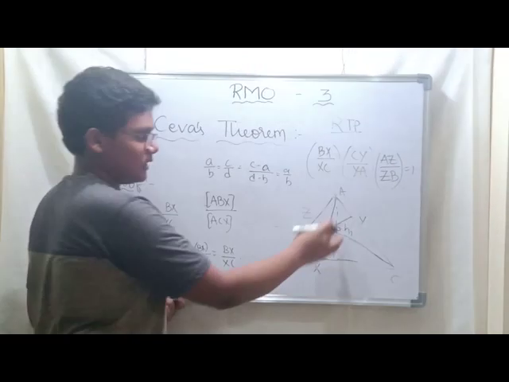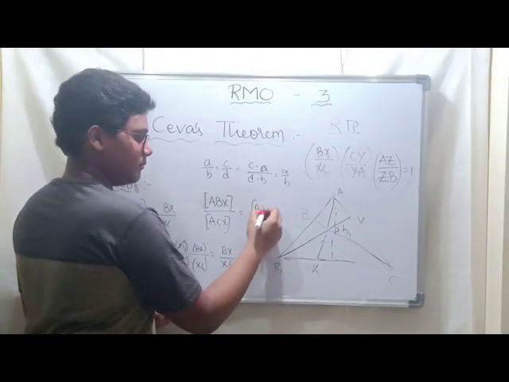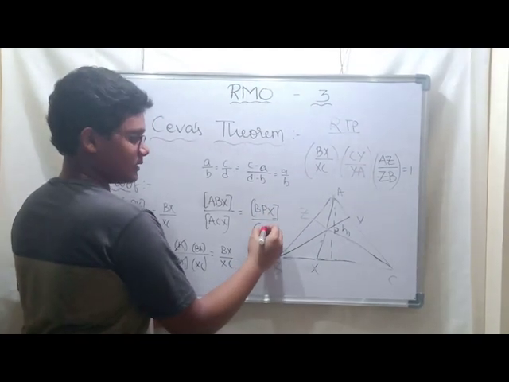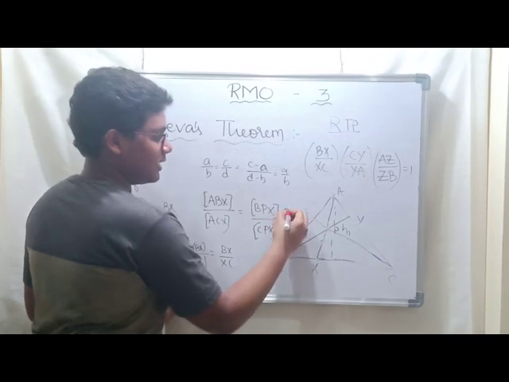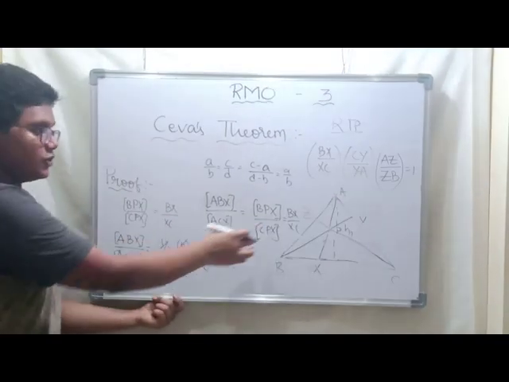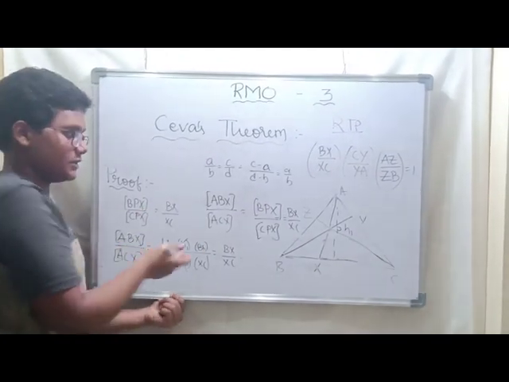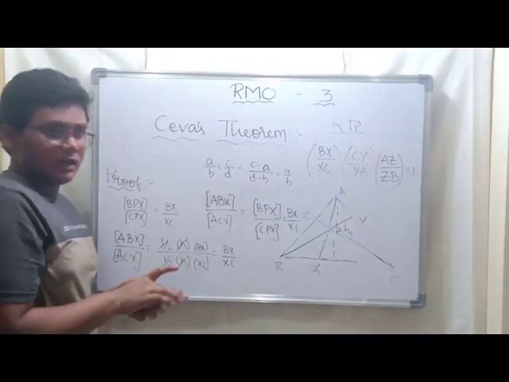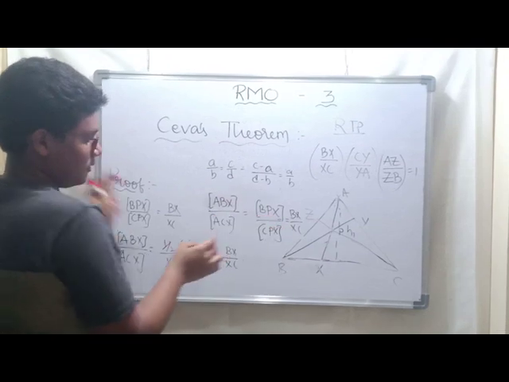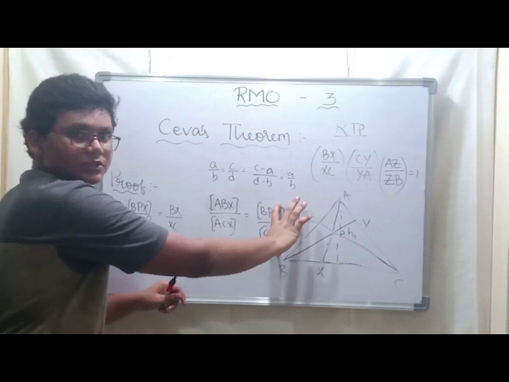Area of triangle BPX minus area of triangle CPX is equal to BX by XC. We got here that these two are equal, BX by XC. So anyway, RHS is equal to RHS, so LHS is equal to LHS. So these two are equal. Here, this is C by D. This one is equivalent to this one now.